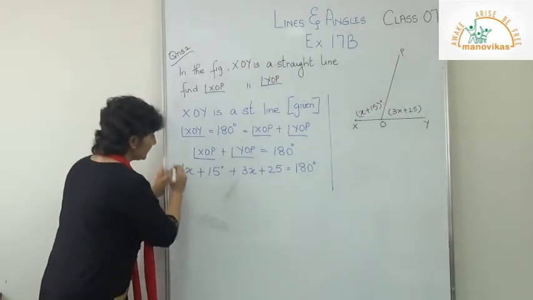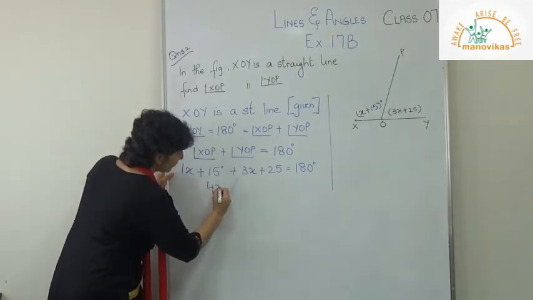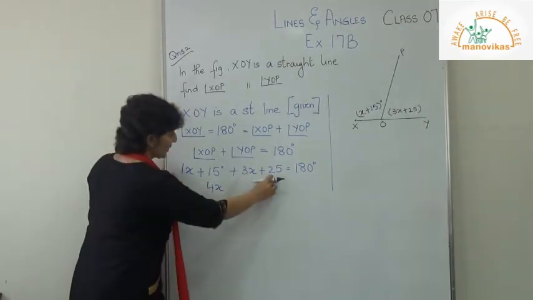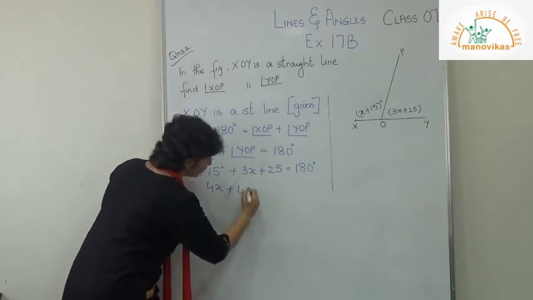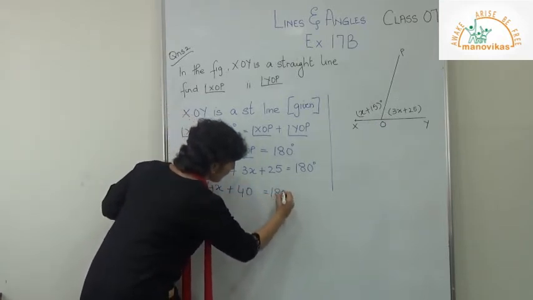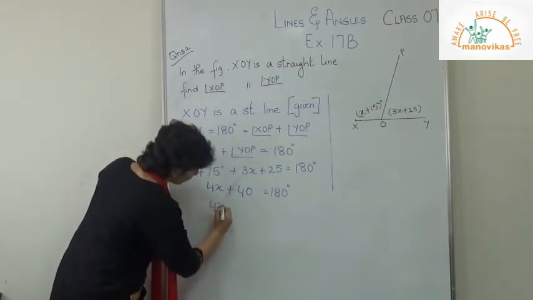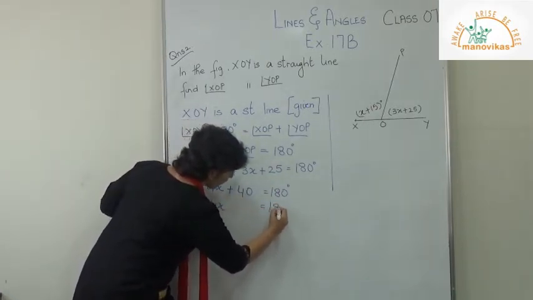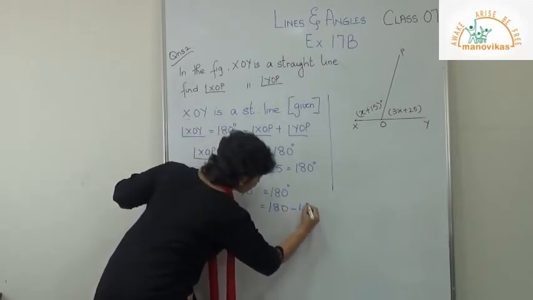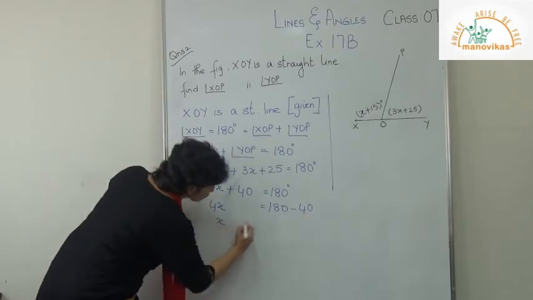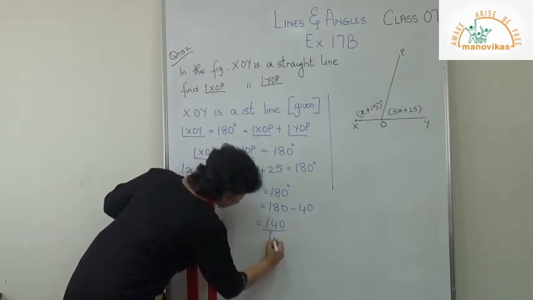Now, I know x means 1x. 3x plus 1x is going to give me 4x. Correct? 15 plus 25 will give me 40, is equal to 180 degrees. Correct? So, 4x is equal to 180 minus 40 when I take that side. So, x is equal to 140 upon 4.